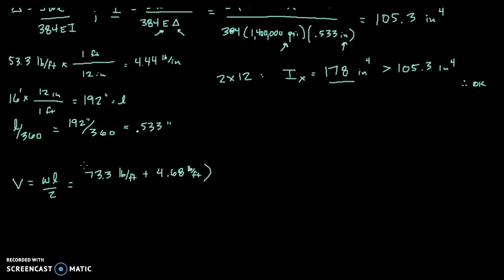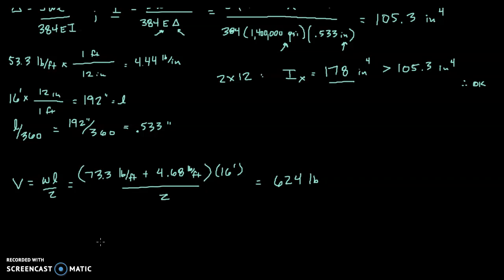So those two things added together will be the total distributed load multiplied by a span length of 16 feet, and then divide all that by the 2 supports, and we get a maximum amount of shear of 624 pounds. So that's the maximum amount of shear that will be occurring at either end of this beam.